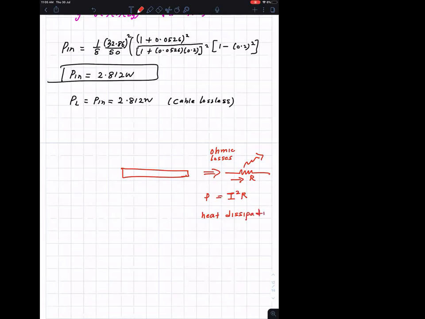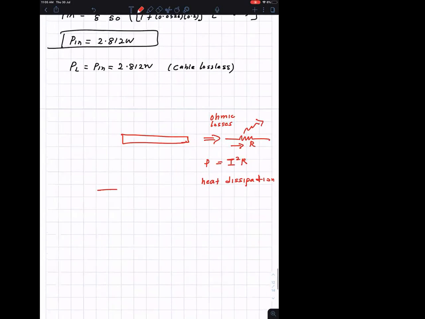Dissipation, so this is lossless. There's no loss due to this. But because there's a lossless cable, where does the loss come from? I'm asking. The loss came from here. This is the transmission line, and then you have a load.